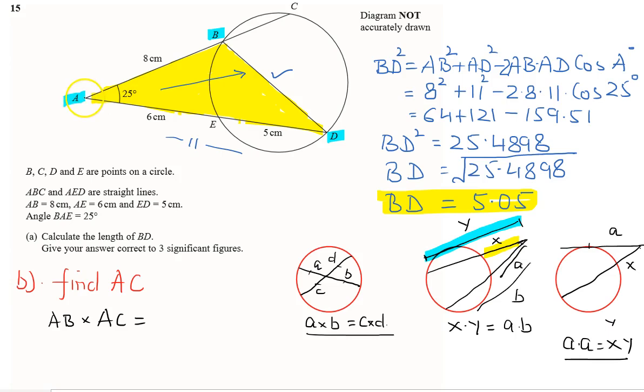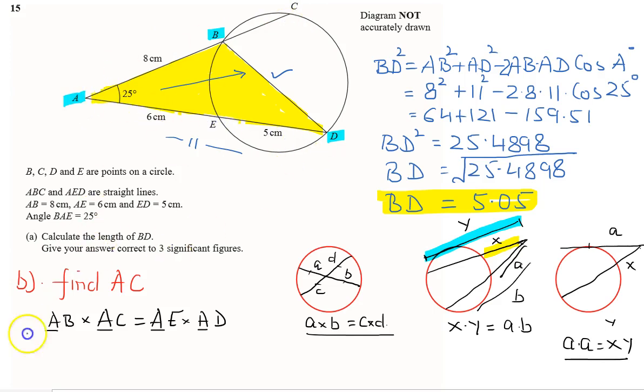In the same way, AE, not ED, AE multiply AD. This outer point is common. AB multiply AC is equal to AE multiply AD.